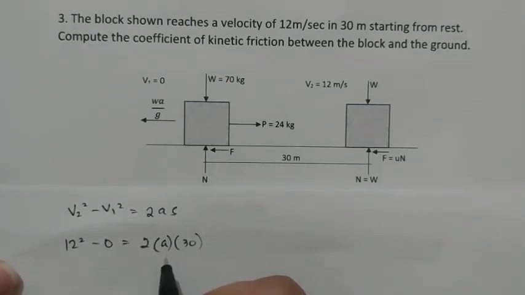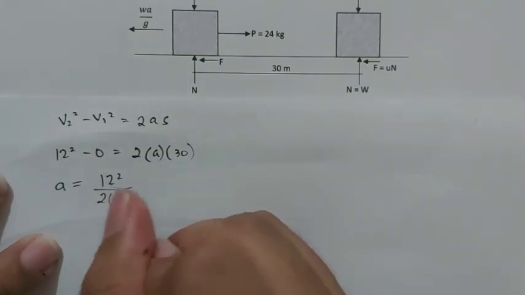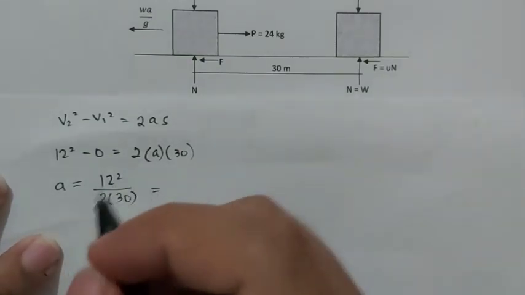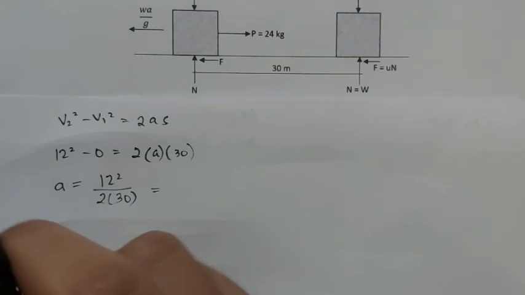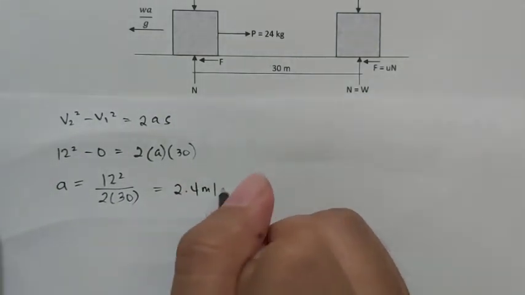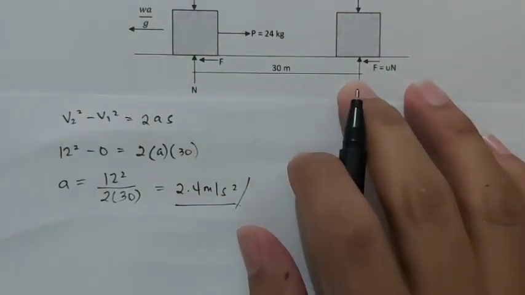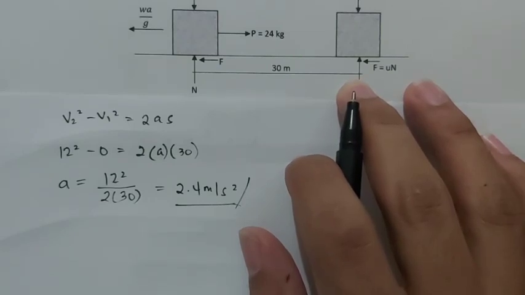So, for the acceleration, we can solve that acceleration is equal to 12 square all over 2 times 30. Therefore, the acceleration is equal to 12 squared over 60 is 2.4 meter per second square. So, for our coefficient of kinetic friction, so let's get the friction force.